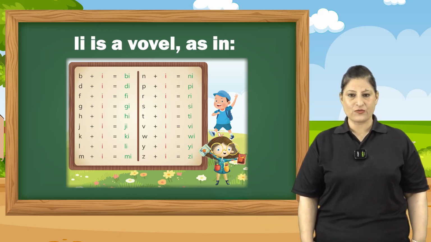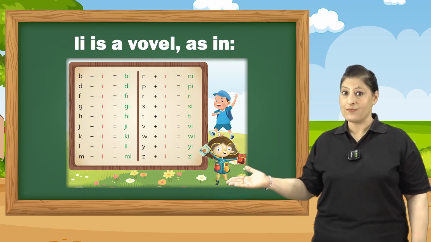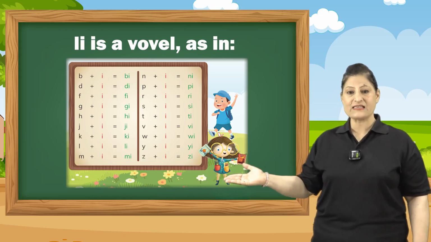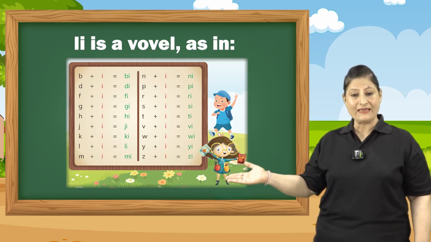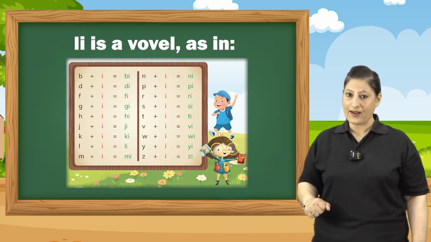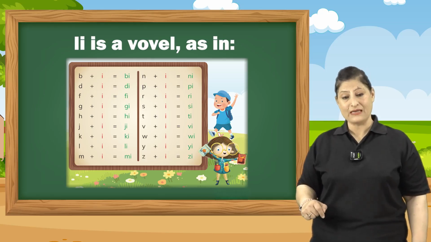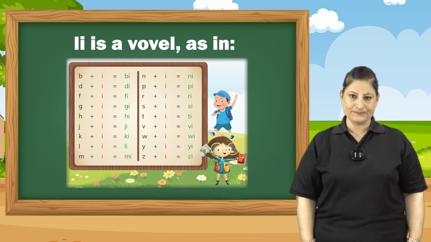The first consonant is B. B plus I. You remember the sound? I says i, and B says b. Together, the sound of B and I becomes bi.